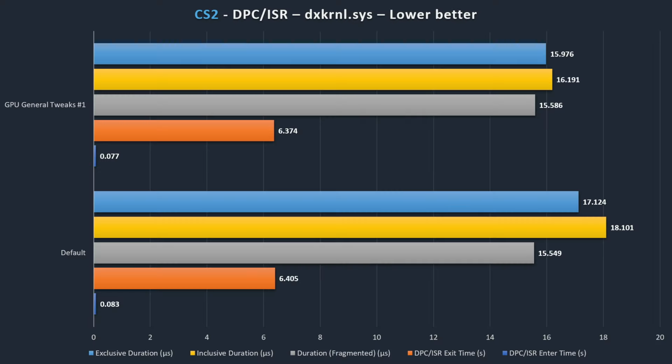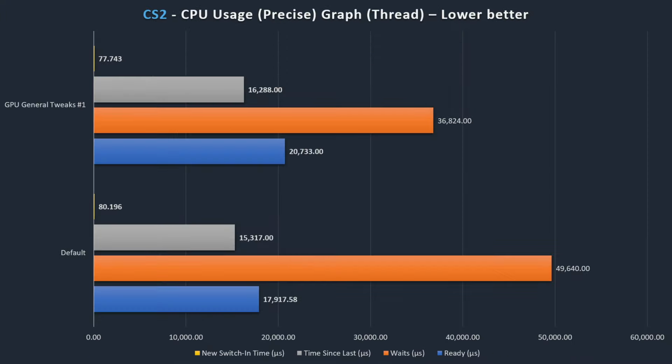In CS2 the latency is better for some metrics, and for others it's better by default. In that case, all metrics are better with the GPU general tweaks. We can say that we have some improvement, not huge, but execution times are shorter with this tweak. The thread execution times again are better for some metrics with this tweak, and by default better for some other metrics.